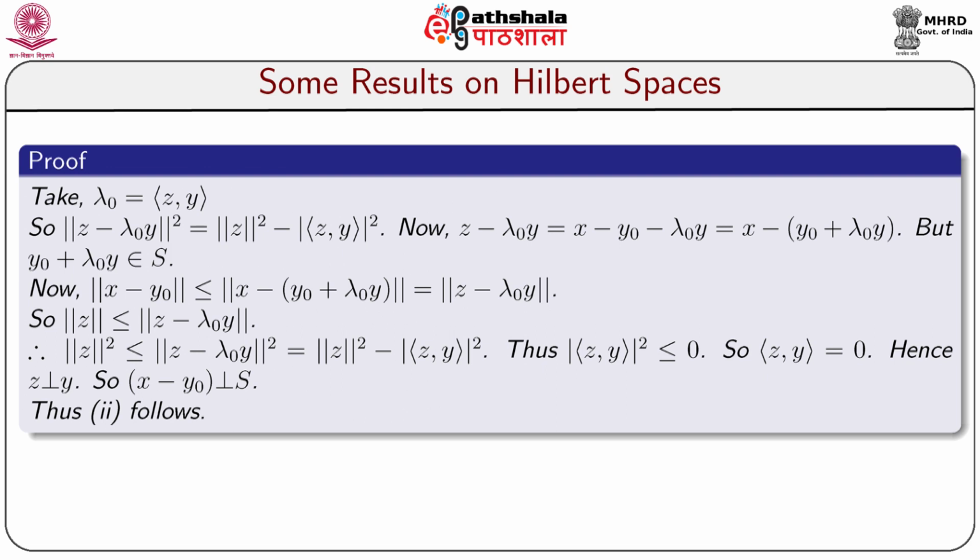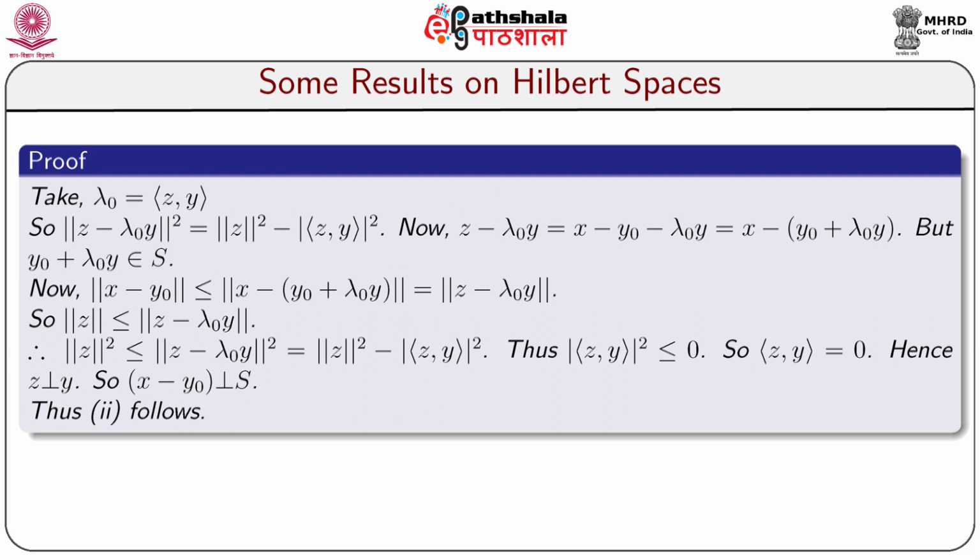So, which is equal to x minus (y naught plus lambda not y), but y naught plus lambda not y belongs to capital S. So, norm of x minus y naught is less than or equal to norm of x minus (y naught plus lambda not y), which is equal to norm of z minus lambda not y, because z equals x minus y naught. So, norm z is less than or equal to norm of z minus lambda not y.